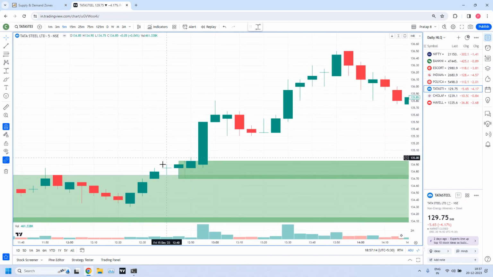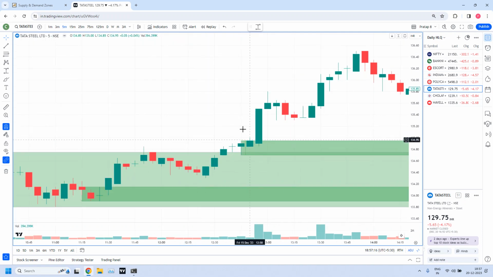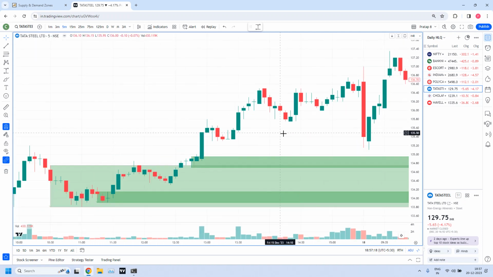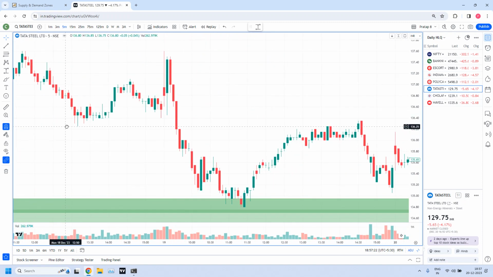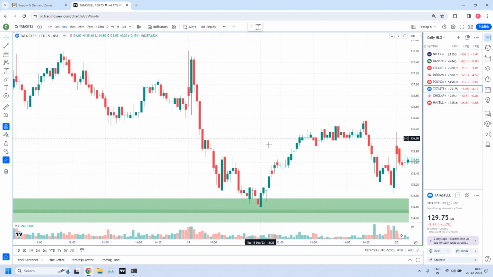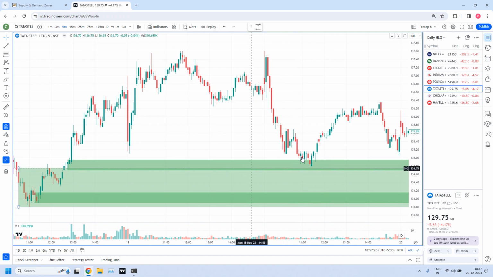This is the way we planned our 5 minutes trade earlier. This actually happened earlier. So earlier prices entered into this.